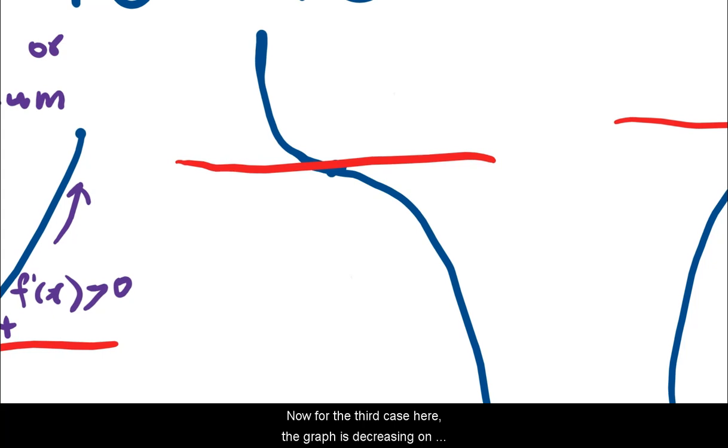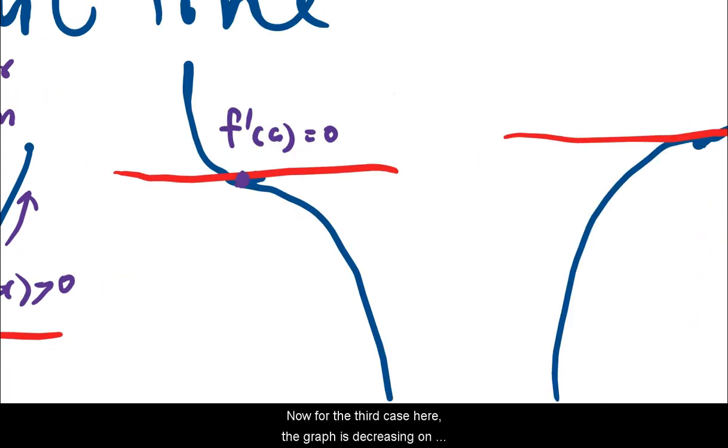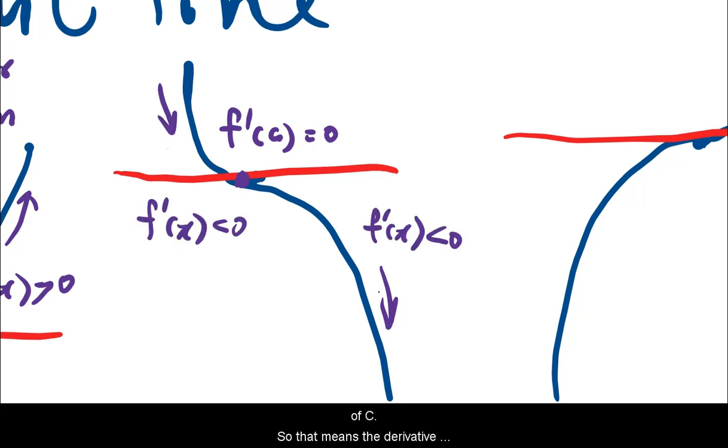Now for the third case here, the graph is decreasing on the left side of C and also decreasing on the right side of C. So that means the derivative of f of x is negative a little bit on the left side of C, and a little bit on the right side of C is also negative.